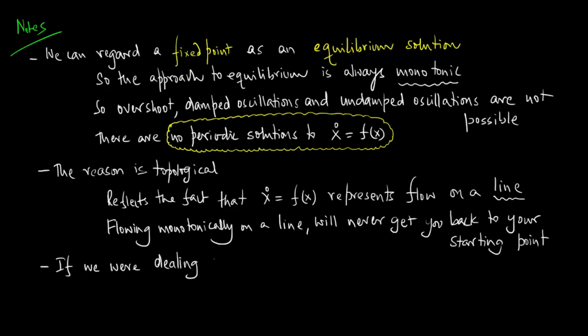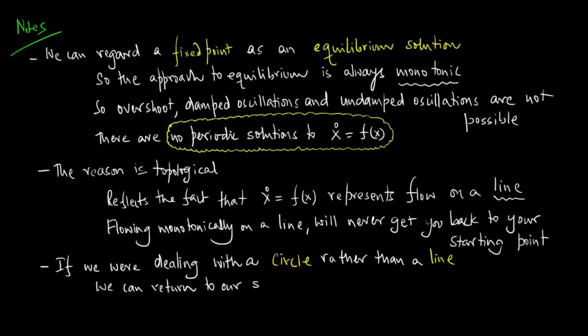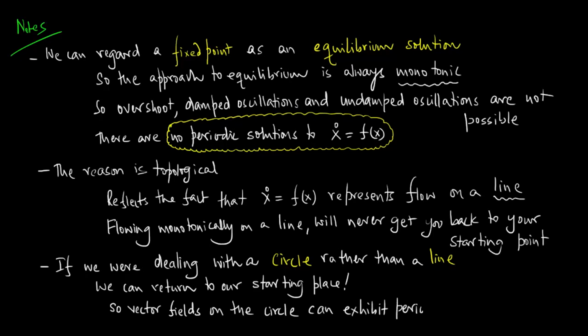If we were in fact dealing with a circle rather than with a line, then we can return to our starting place. So in that sense, vector fields on the circle can actually exhibit periodic solutions.